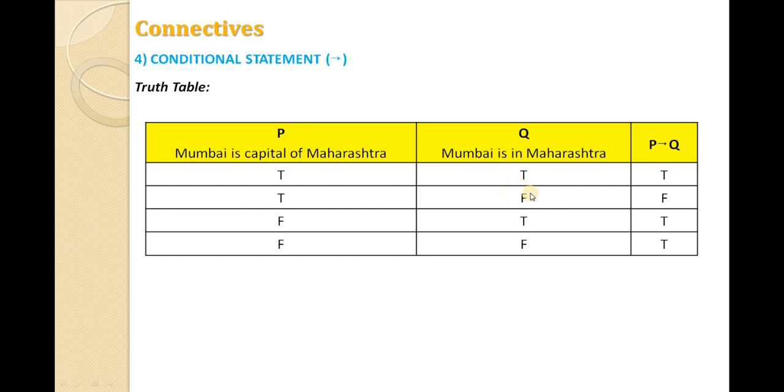It's not possible that if any city is the capital of any state, then obviously this city belongs to this state. But the statement is saying that Mumbai is the capital of Maharashtra, but Mumbai is not in Maharashtra. That is TF. This statement is false. That's why if P is true and Q is F, then the final conclusion is F.